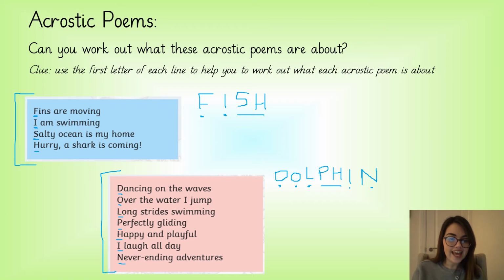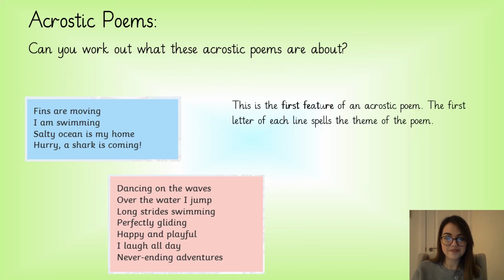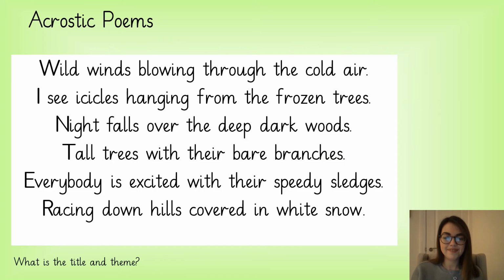And we can see that in our acrostic poem, the first letter on each line helps to spell the word dolphin. Okay, now this is one of the first features of an acrostic poem. The first letter of each line spells the theme of the poem. There's our fish and our dolphin.